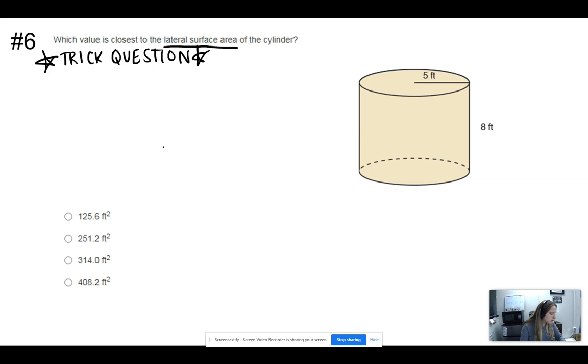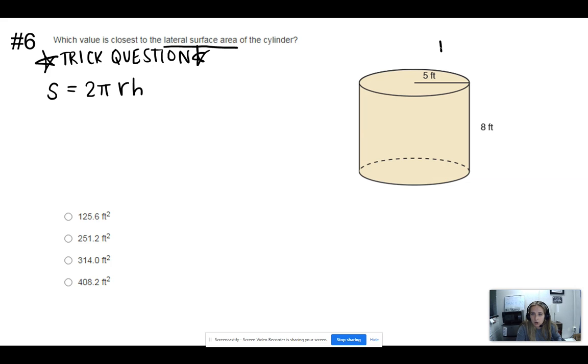So if we look at our equation of surface area of a cylinder, the first part is the surface area of the circle base. The last part is the surface area of the lateral face. So we are actually only going to write down 2 pi r h, okay? Because if you look back to that formula that I had you write down in that Edpuzzle, this right here, the 2 pi r h, is the surface area of the lateral face.